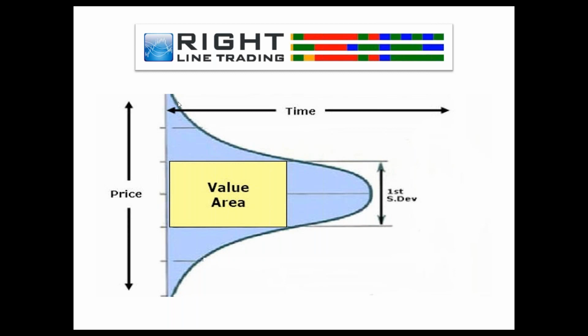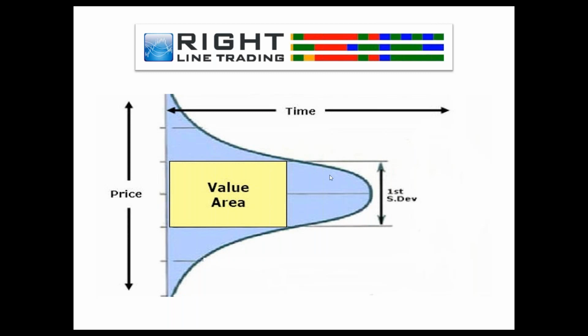Now, in a perfect world, the random distribution of data would form a bell-shaped curve such as this, where the mean price is right here, and in a perfect bell-shaped distribution, the mean price, the median price, and the mode price are the same.